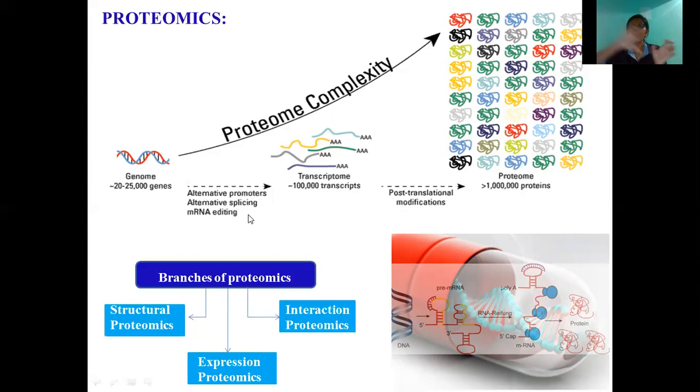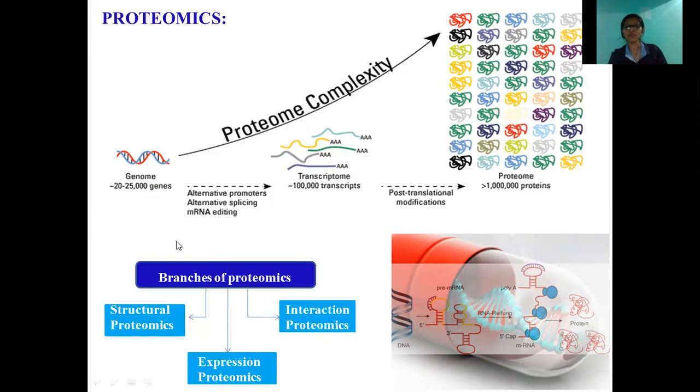It means the complexity of protein is increased. Here you can see the number is 25,000 and the figure is much larger as compared to these 25,000 genes. So there is a necessity to understand the proteome complexity with the help of various proteomics techniques.